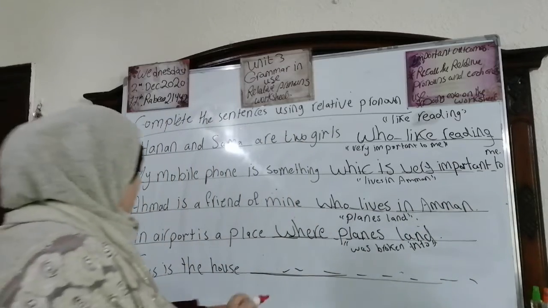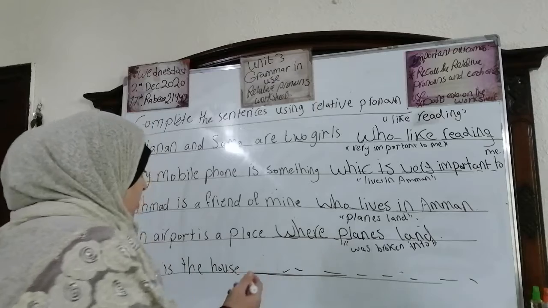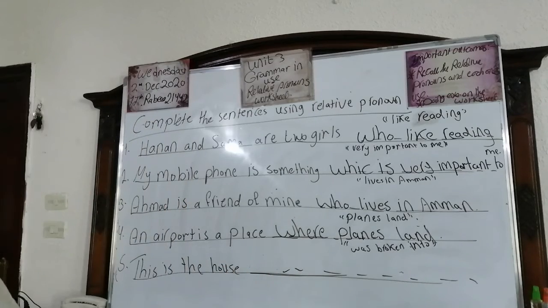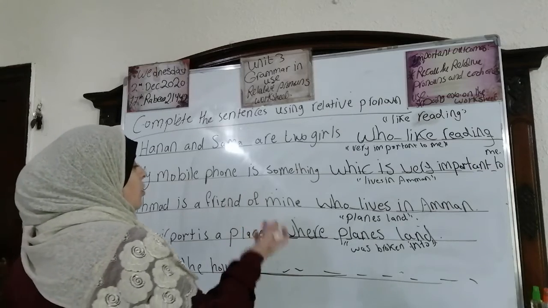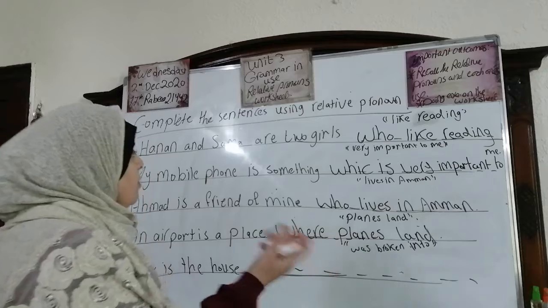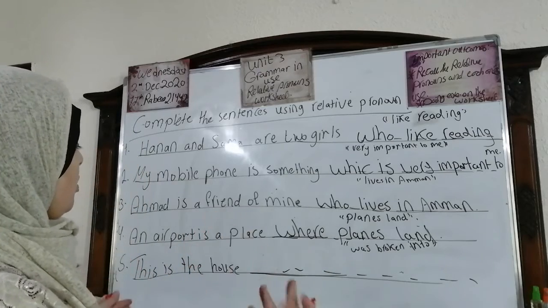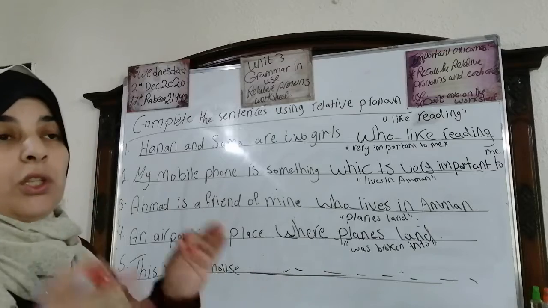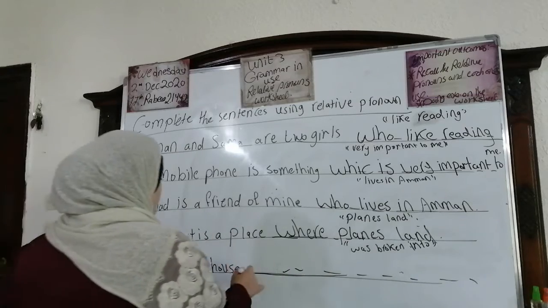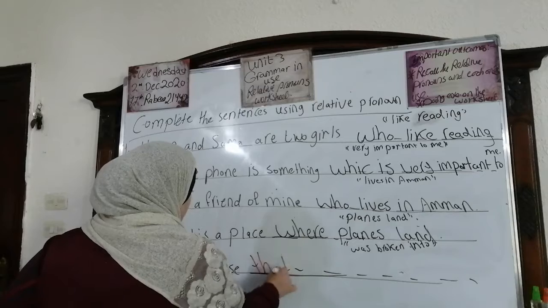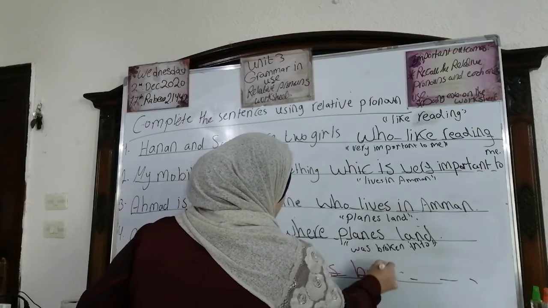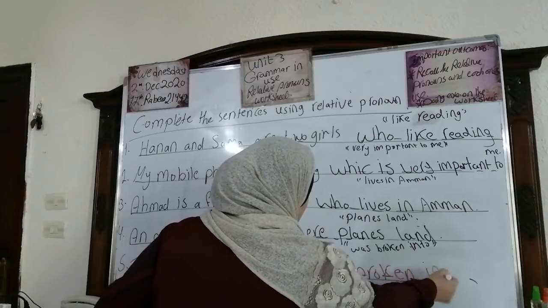Deal? Now I'm going to put them with red now. Oh, I thought it's red. Yeah. Number 5. This is the house. What? We're going to use for things. Okay. This is the house. Where or which? No, we're going to use what? Sorry. We're going to use that. This is the house that was broken into.